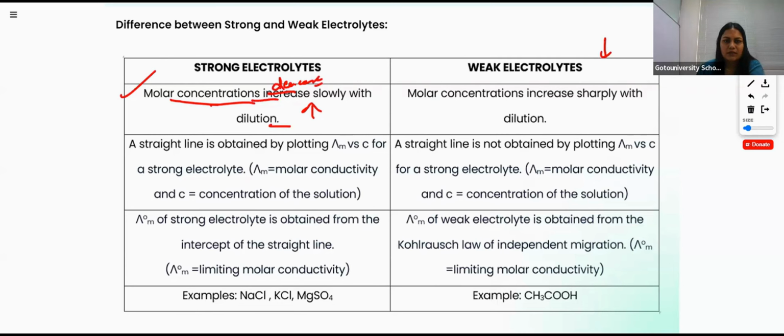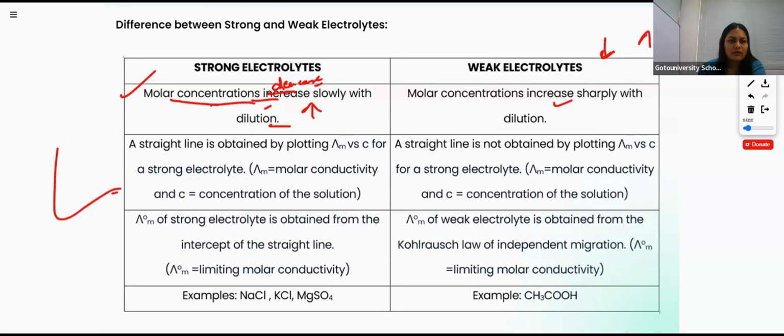For weak electrolytes, molar conductivity will increase. For strong, it will decrease. But if we consider conductivity for weak electrolytes, it decreases. If we consider molar conductivity for weak electrolytes, it increases. Okay, why? Because molar conductivity has an inverse relation with conductivity, right?